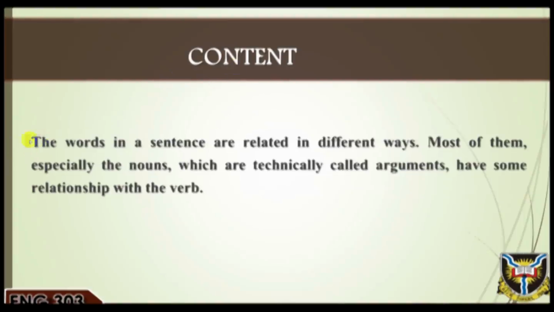Content. The words in a sentence are related in different ways. Most of them, especially the nouns, which are technically called arguments, have some relationship with the verb.